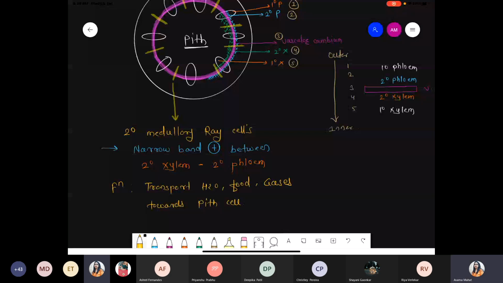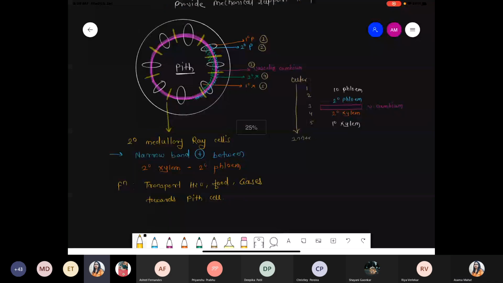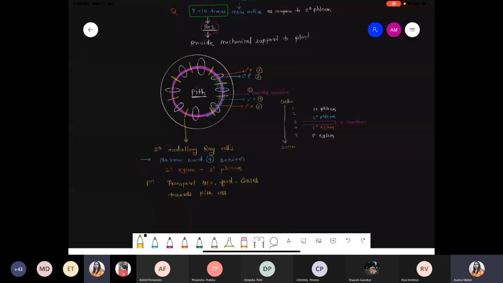Clear this part? Any doubt? Any doubts from this point? Please tell me quickly.